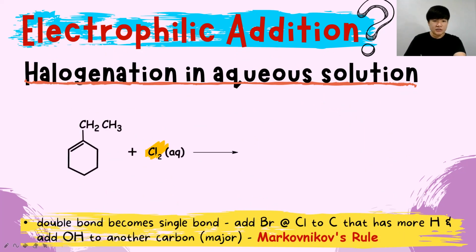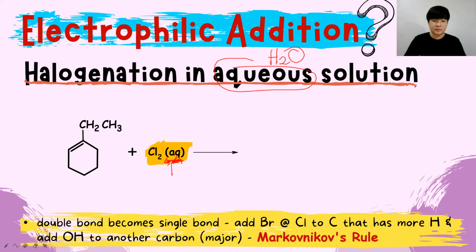In halogenation in aqueous solution, I want you to look at the way that I write my reagent. We are no longer using H2O on top of the arrow, but I simply replace the H2O by using brackets, aqueous. Bracket aqueous also represents the presence of water.